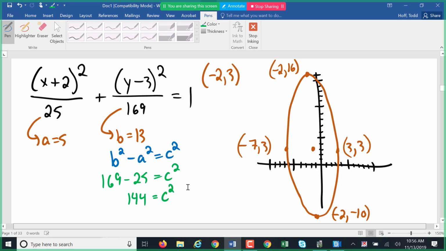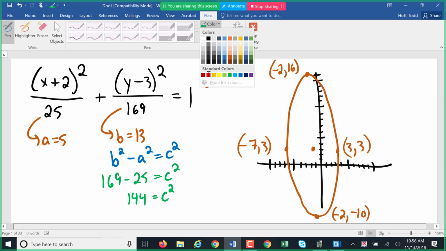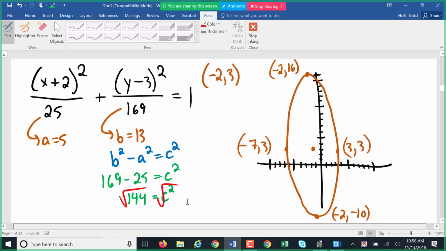So as we square root each of those, we get that 12 equals C. So C is up here at negative 2, 15, and down here at negative 2, negative 9. Notice they are above and below the center now because the vertical axis is the longer axis.